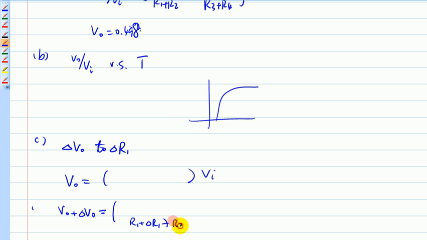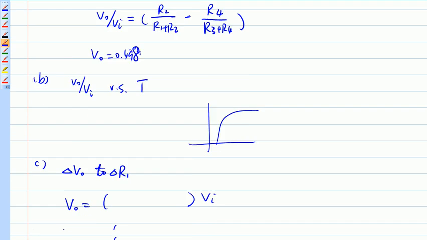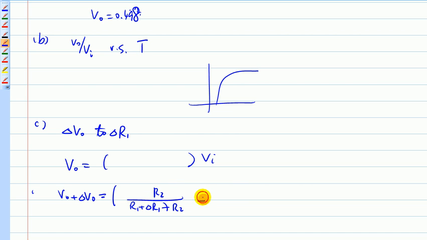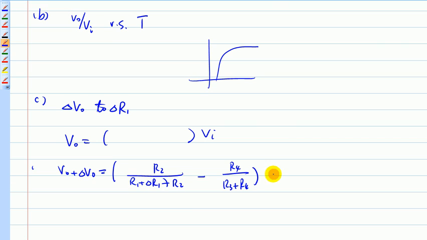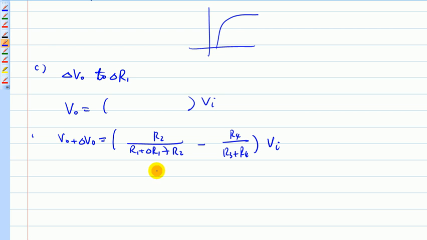And R2 at the top has no change. And R4 divided by R3 plus R4, like this. Then multiply by VI. That's the expression because of the delta R1 change here.